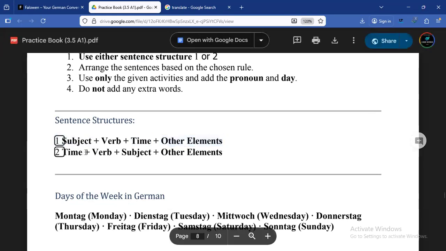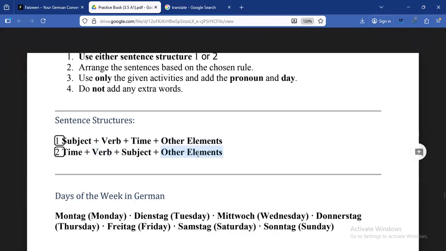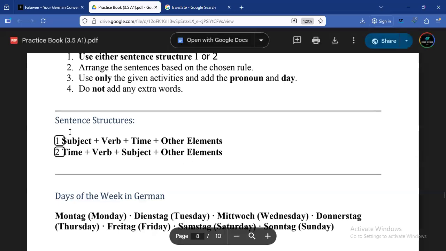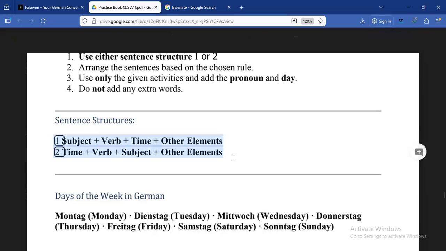Or you can start with the time plus verb plus subject plus other elements. So why is it important for you to use both structures in your writing? If you are writing, why is it important for you to use rule 1 and rule 2 in your writing?